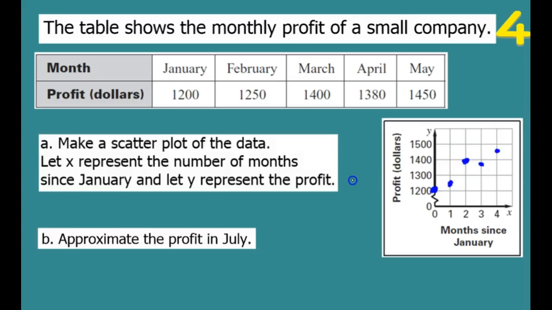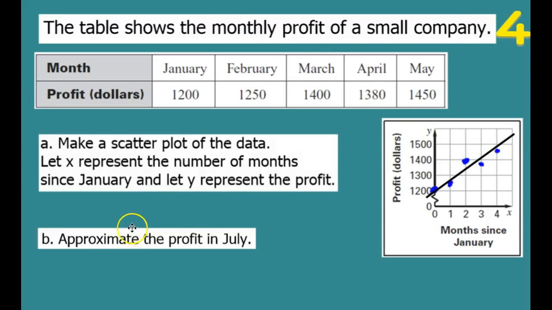So we need to create a line of best fit. Our line of best fit is going to go through the middle of our points. And that's what our line would look like there.